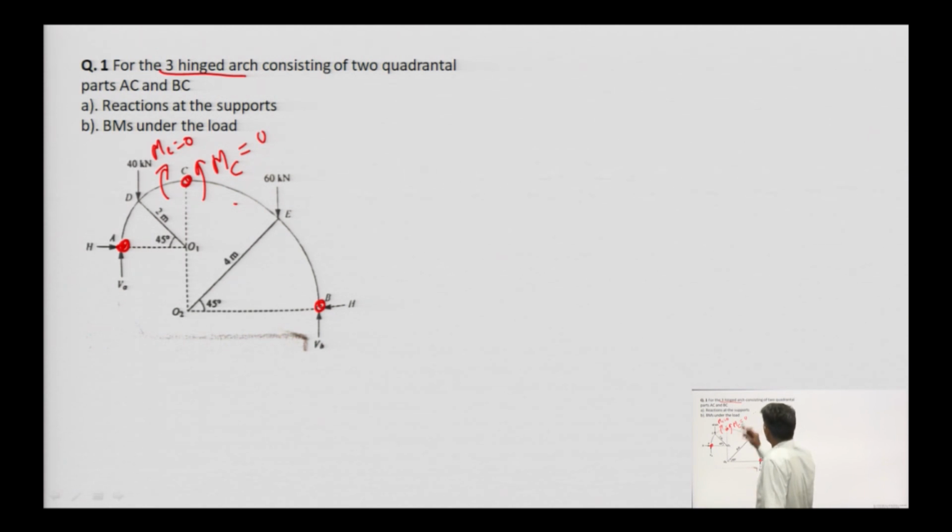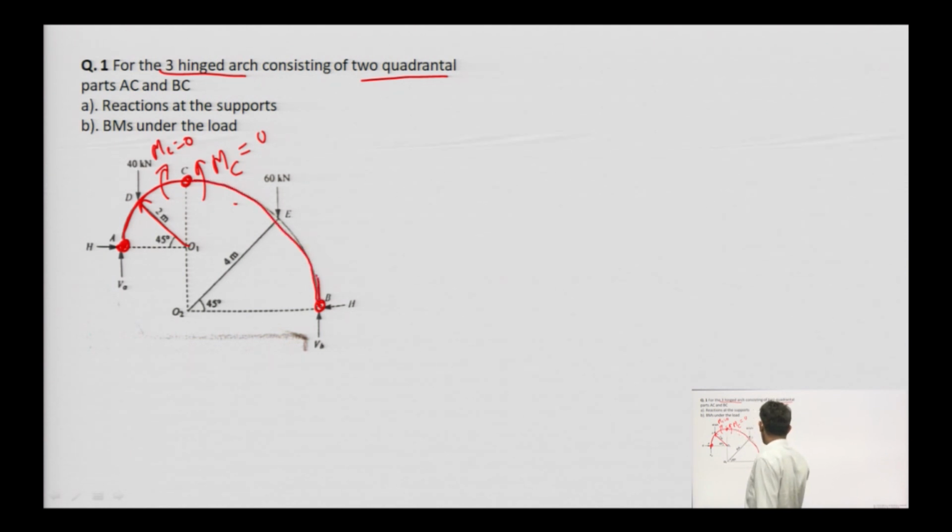So, a 3-hinge arch consisting of 2 quadrantal parts. For the quadrantal part AC, it has a radius of 2 meter. That is the radius. And another segment BC.